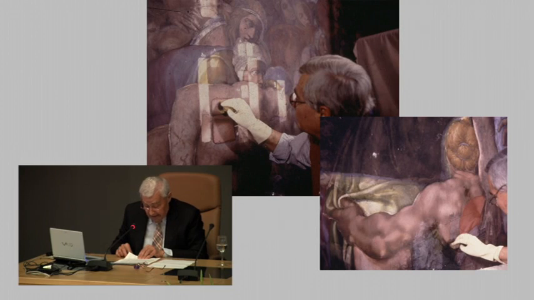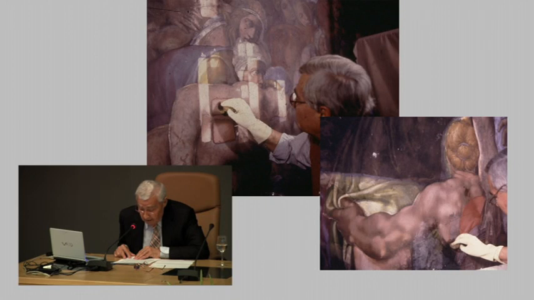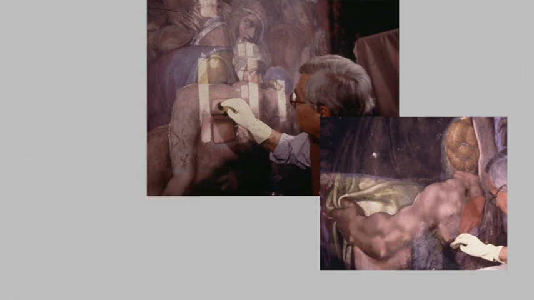The complex state of conservation of the Last Judgment required a long period of preliminary study before the cleaning could begin. The cleaning method used was based on the application for about 12 minutes of ammonium carbonate in 4 sheets of Japanese paper, mixed with an organic solvent.